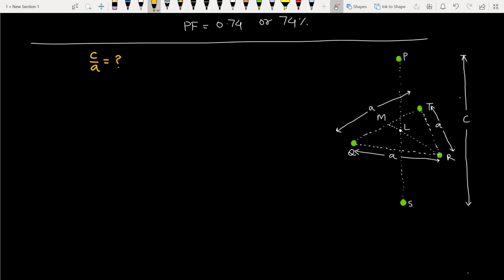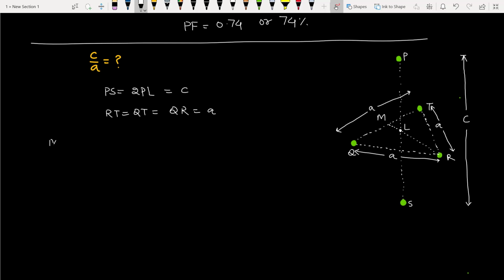So MR is the median of the equilateral triangle QRT. As it is clear from the picture, PS is equal to twice of PL, which is equal to C. RT, QT, QR, this is equal to A.